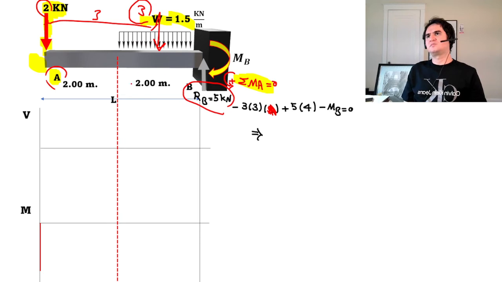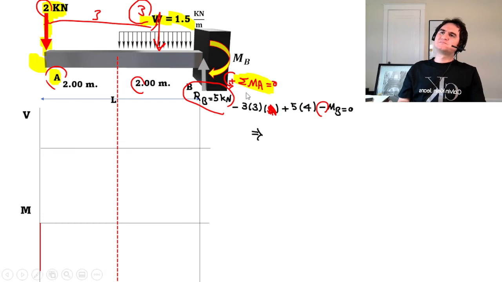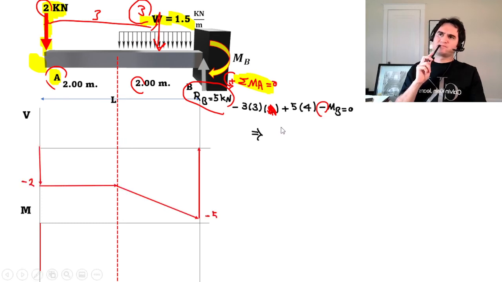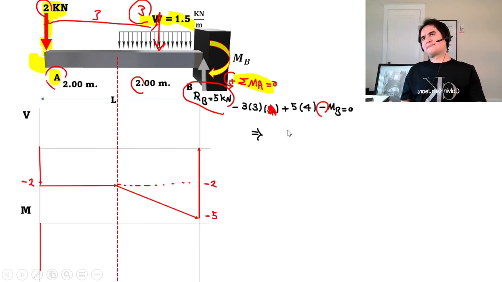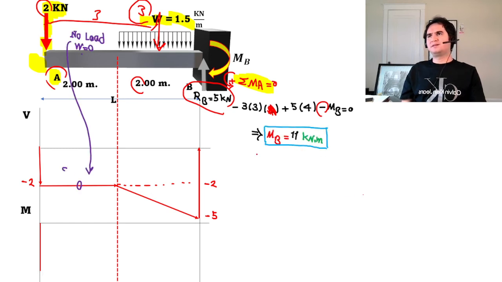And minus MB, there is an MB there with the counterclockwise direction, and that goes to 0. And that gives you MB is equal to 11 kN.